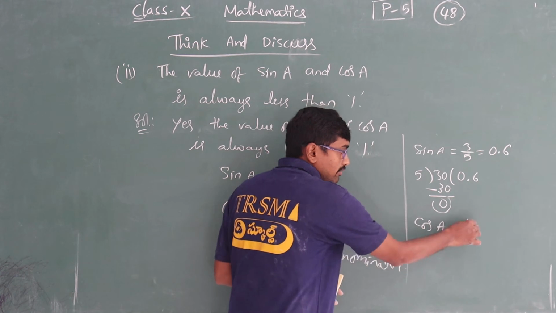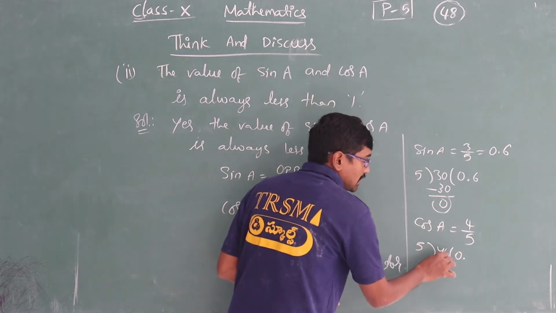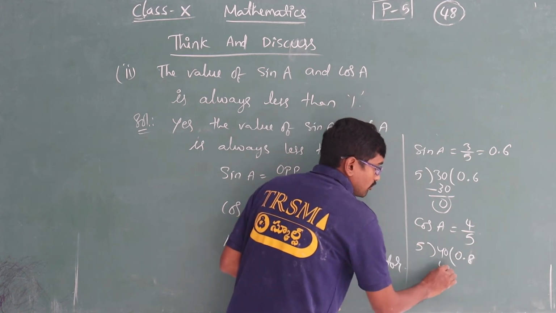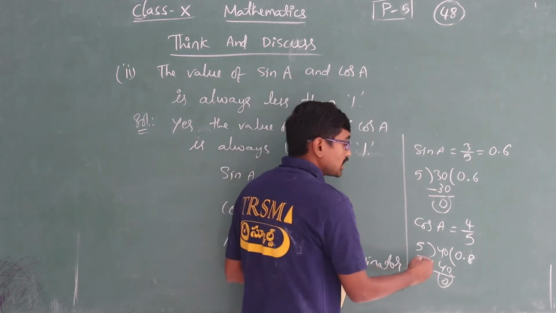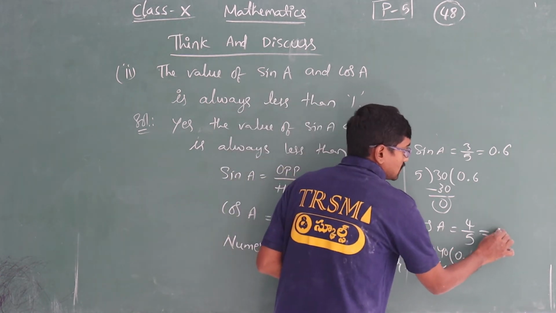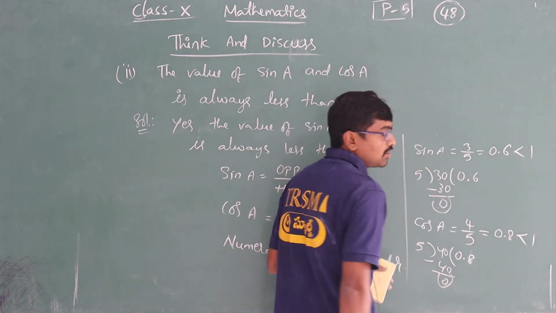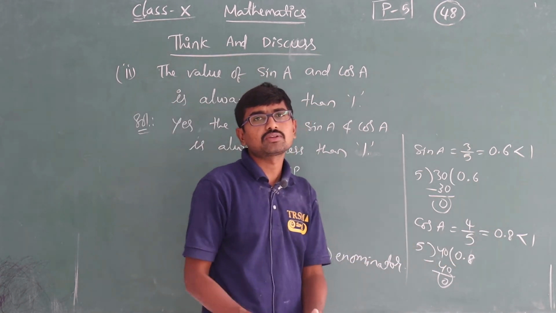If we divide 4 by 5, I get 0.8. 0.6 is less than 1, 0.8 is also less than 1.